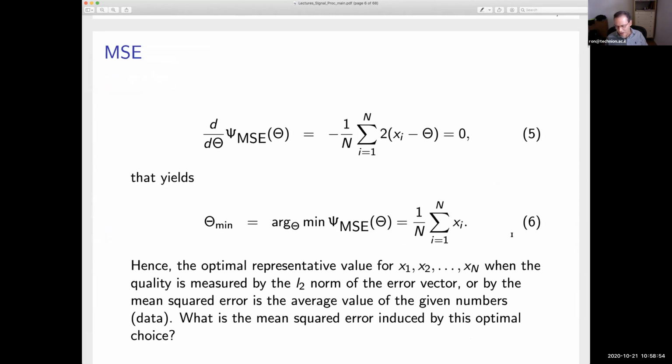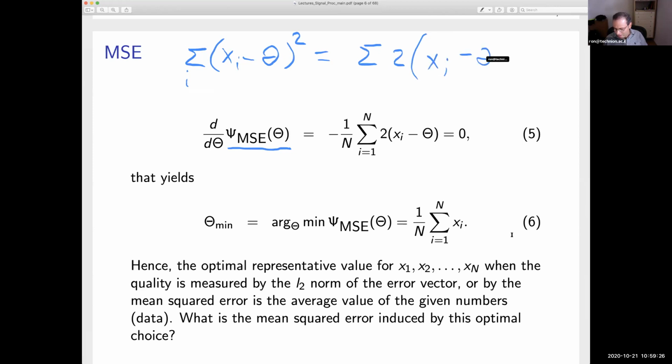So what we do is we take the derivative with respect to theta of the MSE function. Let me remind you, it was the sum over xi minus theta, squared. The derivative would be nothing but 2 times xi minus theta.